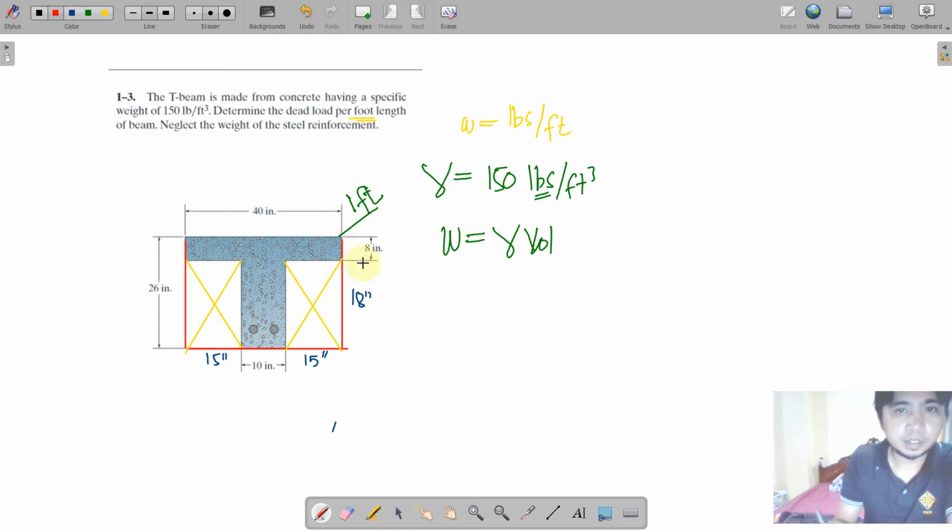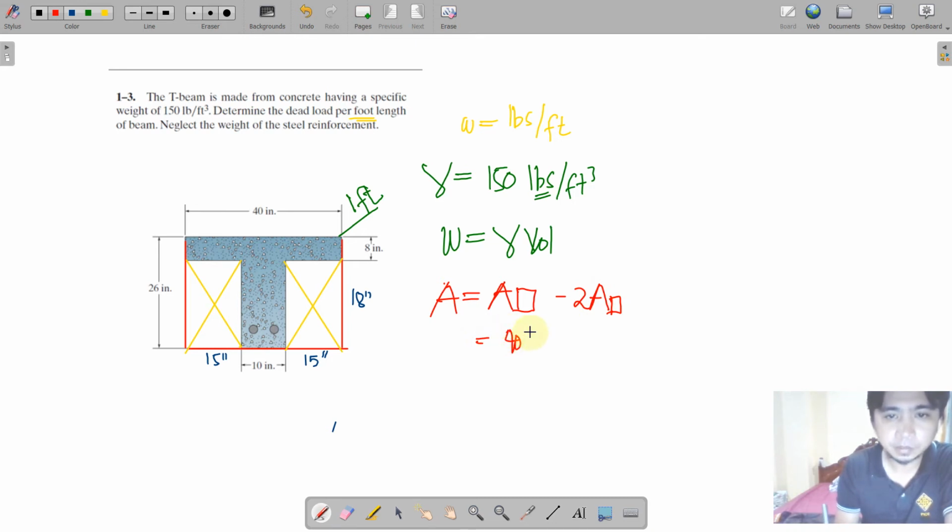Let us now proceed to solve the cross-sectional area. Okay, the cross-sectional area of our beam here. We said that is equivalent to the area of the bigger one minus 2 area of the smaller one. Okay, so the area of the bigger one is 40 by 26.